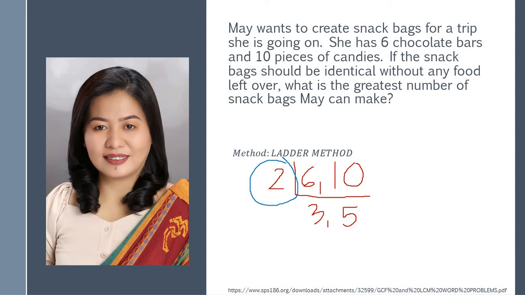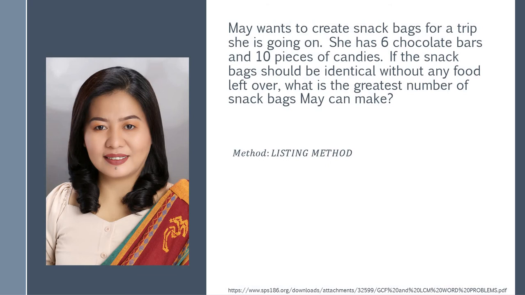And we have the last method, the listing method. For our listing method, we just list the factors of 6, that's 2 and 3, and the factors of 10, that's 2 and 5.